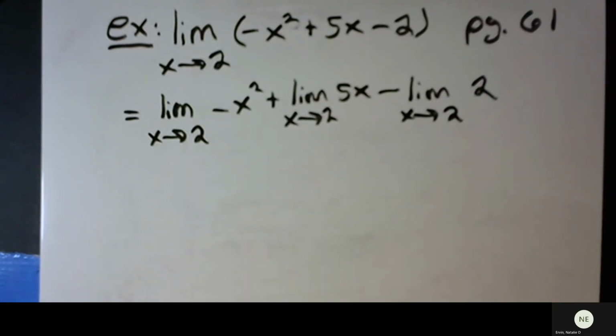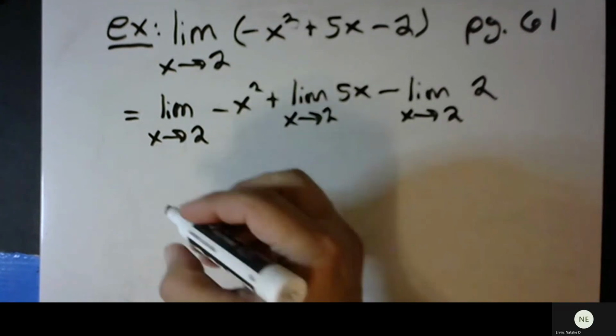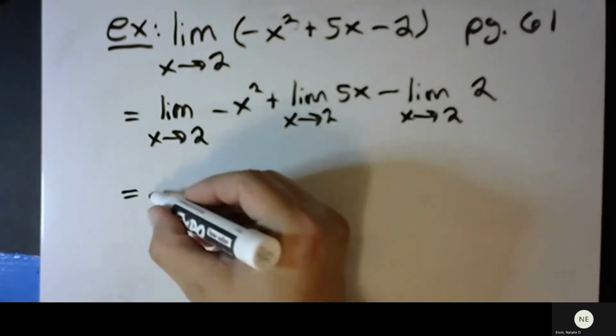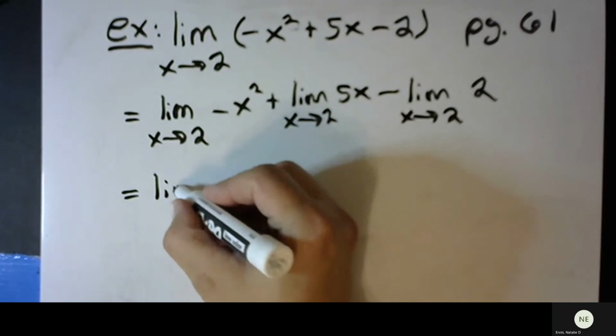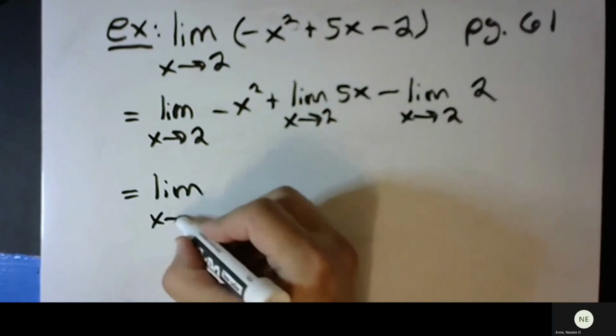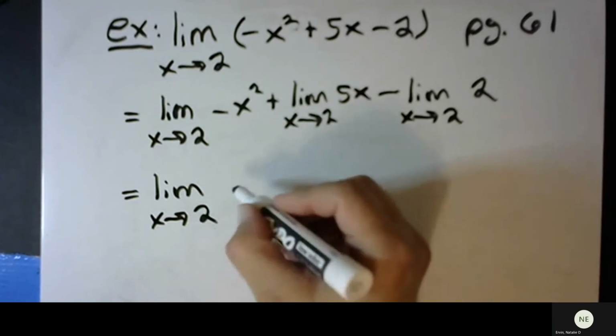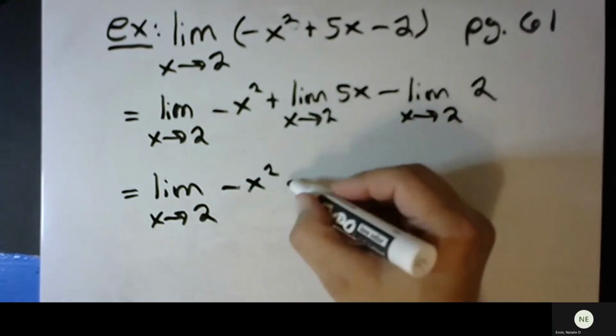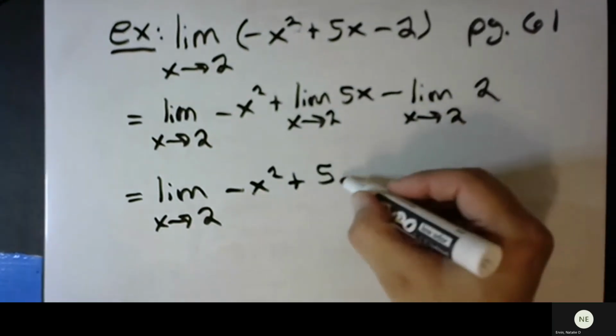So we're going to get something like this. And what we're going to have, our constant can pass through here.